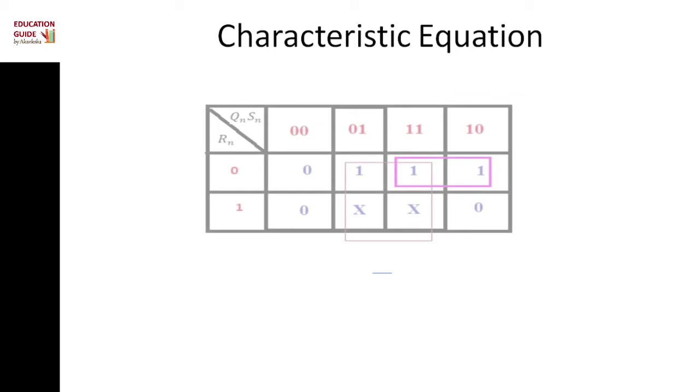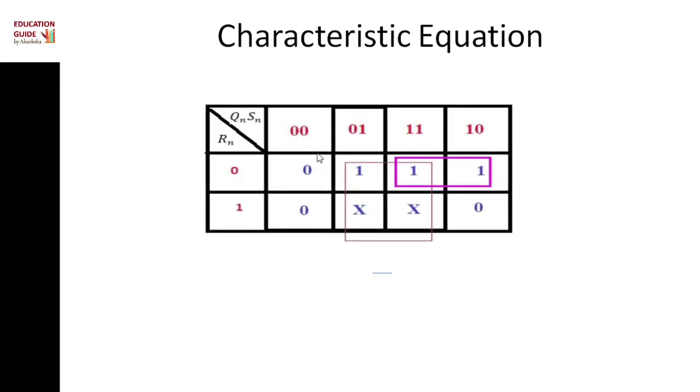This is the characteristic equation of the SR flip-flop. If we give S and R equal to 0 0, then we get the previous state. If we give SR is equal to 1 0, then we get the set state 1 and 1. If we give SR is equal to 0 and 1, then we get the output as 0 and 0.